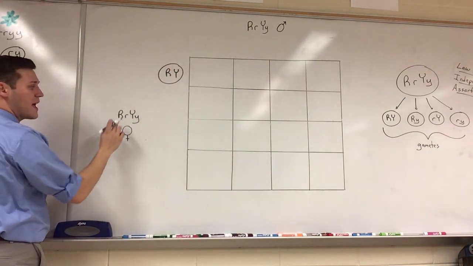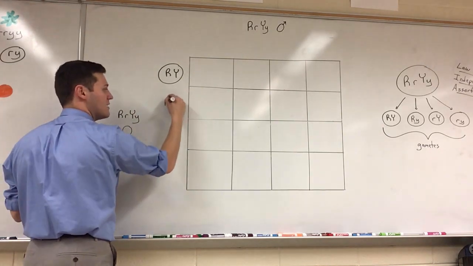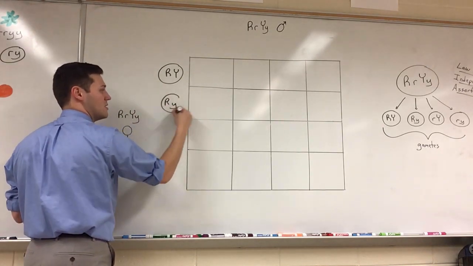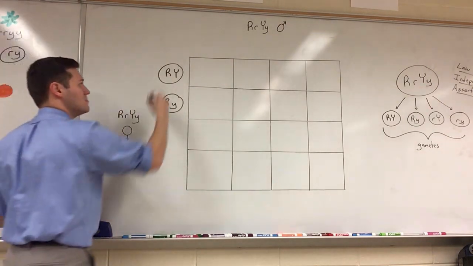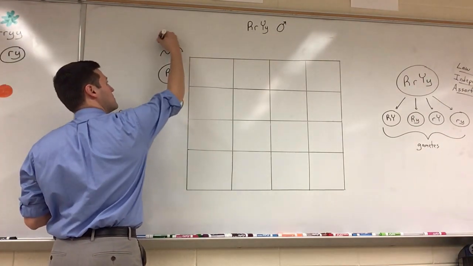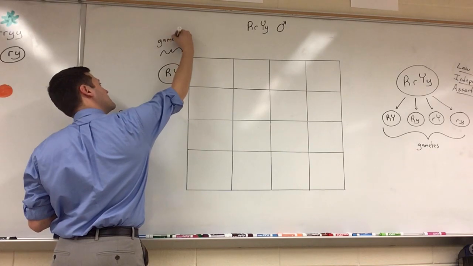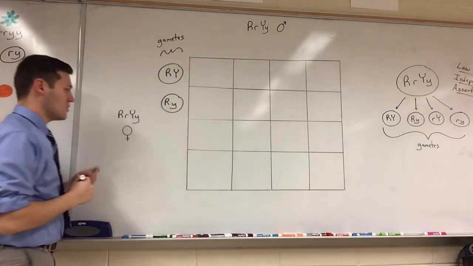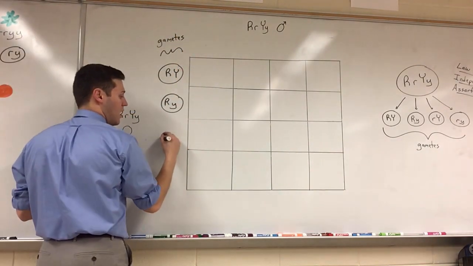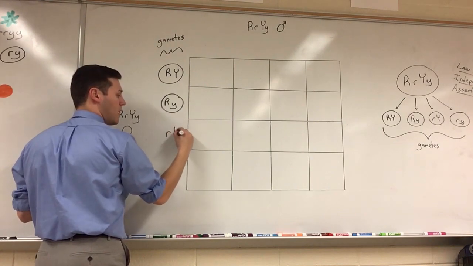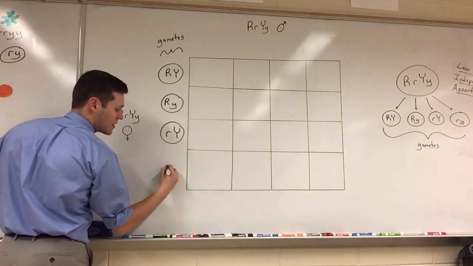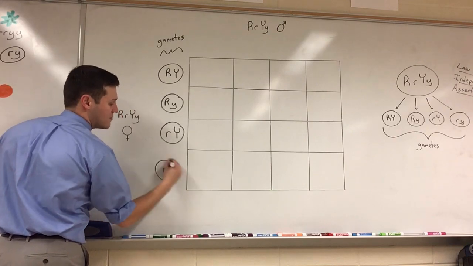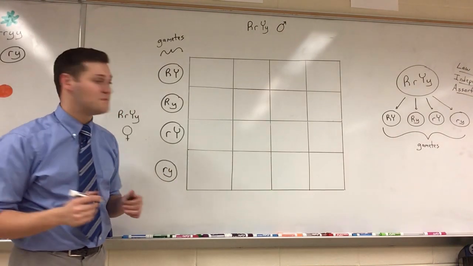We could do a big R, little y as another possible gamete. These are both gametes. We could have little r, big Y as another possible gamete. Or finally, we could have little r, little y as the final possible gamete.